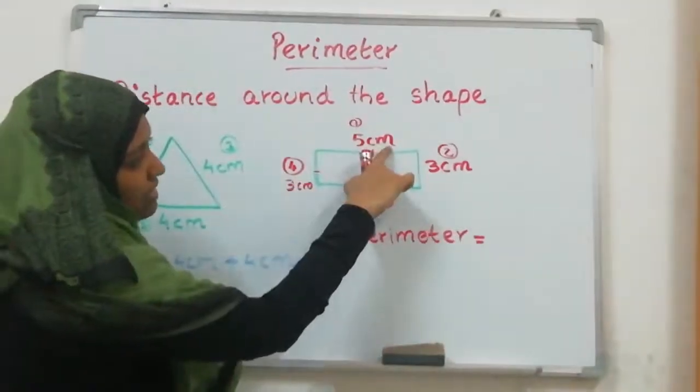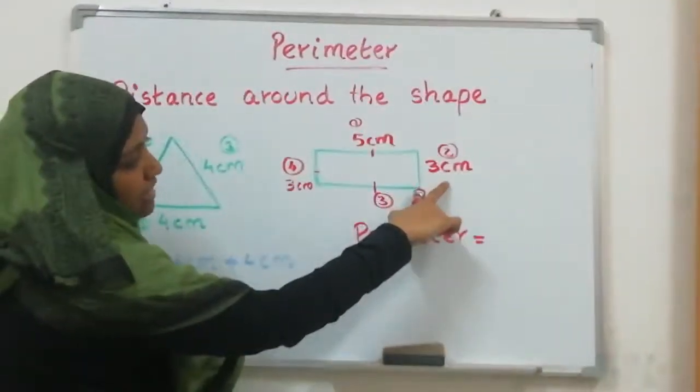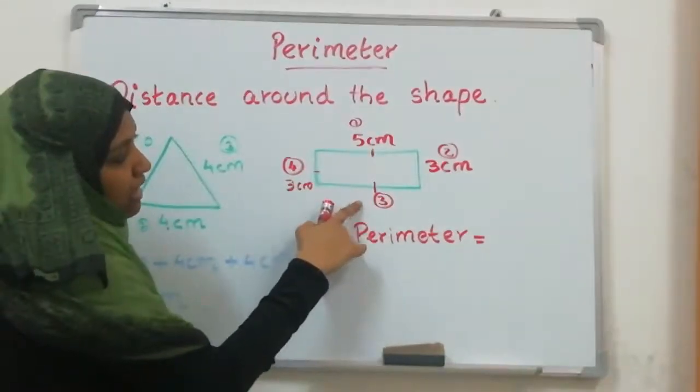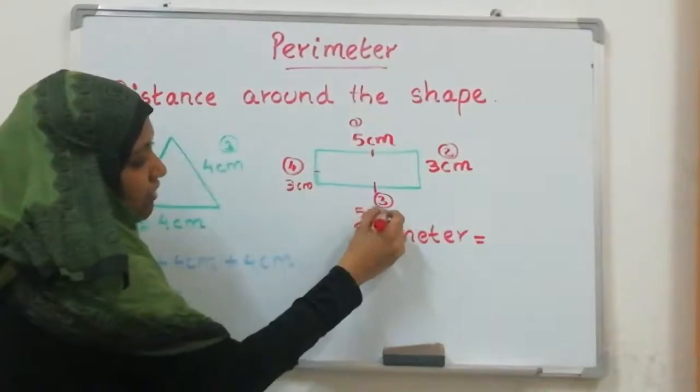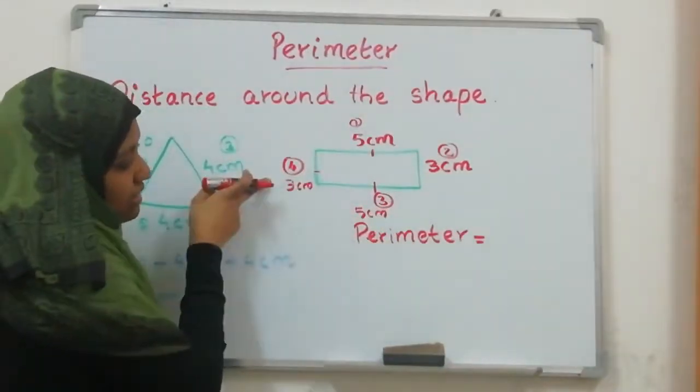So 5 centimeter plus 3 centimeter plus, here what is the side? Same as 5, so you can write 5, and next is 3 centimeter.